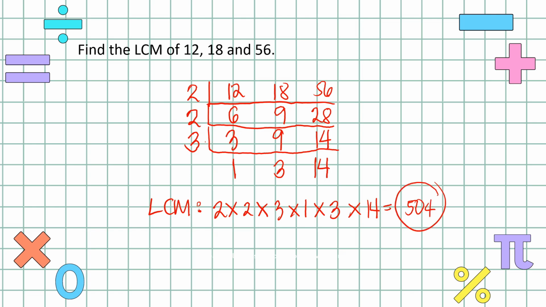Now to check if 504 is correct, you divide 504 by 12. That is 42. 504 divided by 18 is 28. 504 divided by 56 is 9. So that means 504 is indeed a multiple of these three numbers, and that's correct.